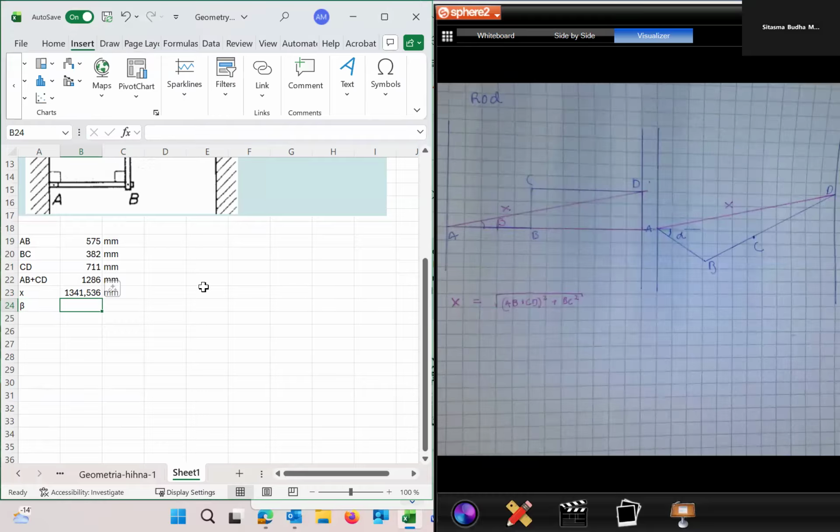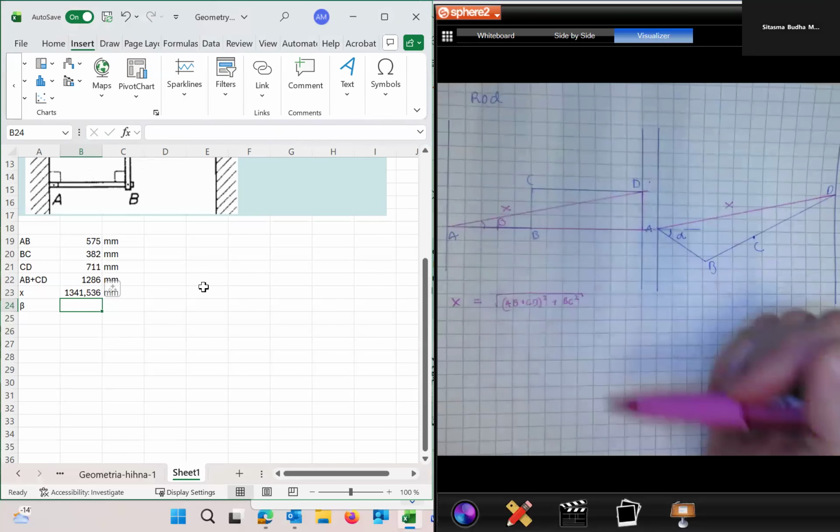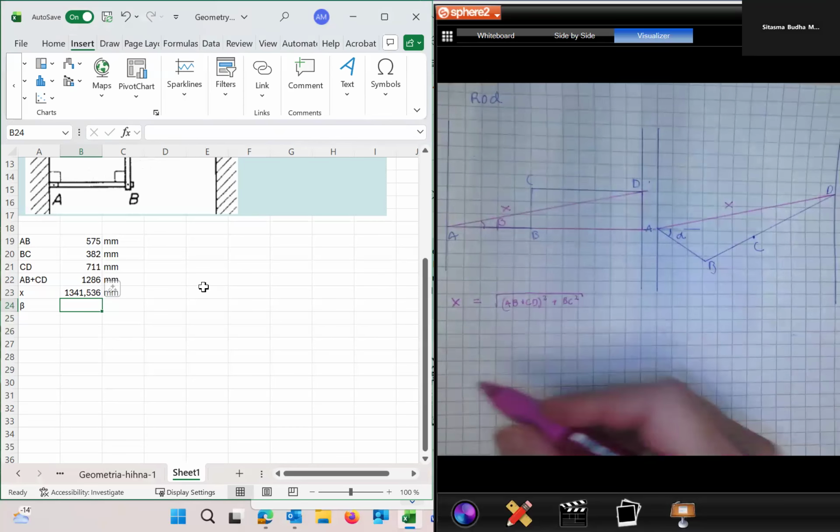So my beta then. I can solve it with the tangent.